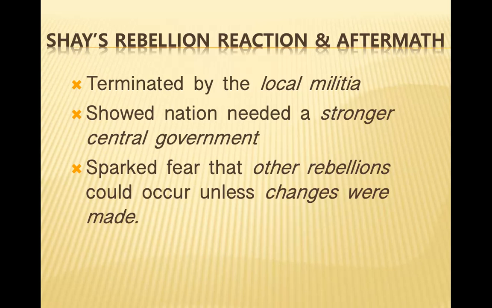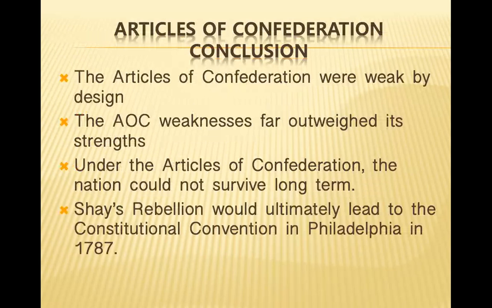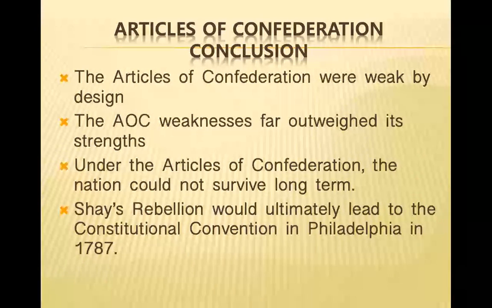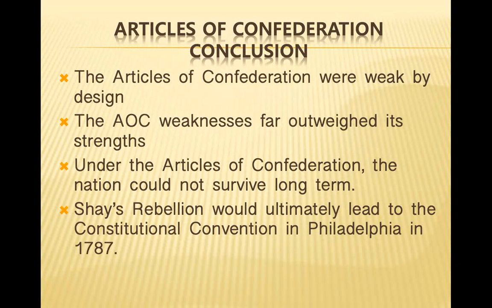The other consequence was that it sparked fears that other rebellions would happen if something did not change. So it showed just how weak the Articles of Confederation were. But again, the Articles of Confederation were designed to be weak.